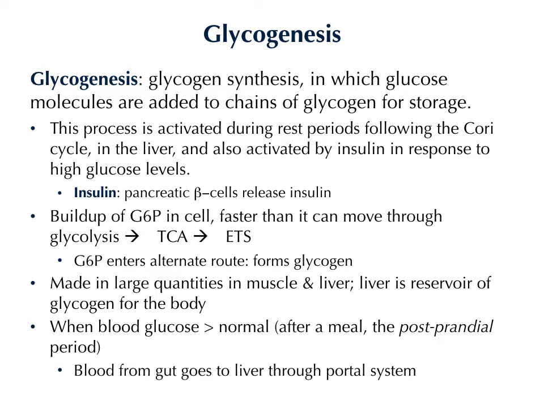This is your postprandial period. Postprandial means after a meal. Then your blood sugar is raised. And remember, all that blood that's going through your gut, picking up all that food, goes from your gut over to your liver through the portal system. And the liver is where we're going to store all that extra sugar as glycogen.